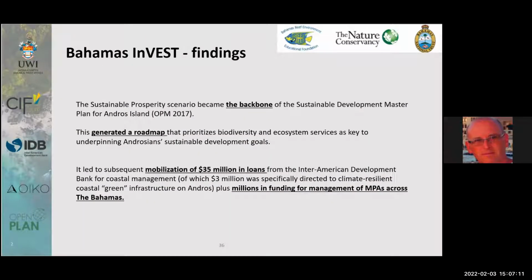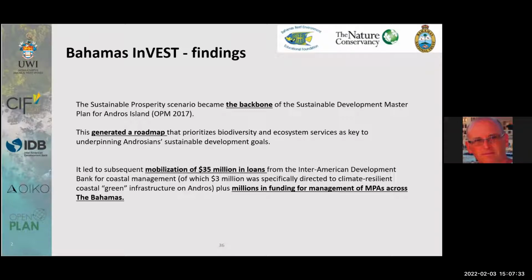So the main findings from the Bahamas were that a sustainable prosperity scenario became the selected scenario option. It then became the backbone of the Sustainable Development Master Plan, which was set up and Cabinet endorsed in 2017.